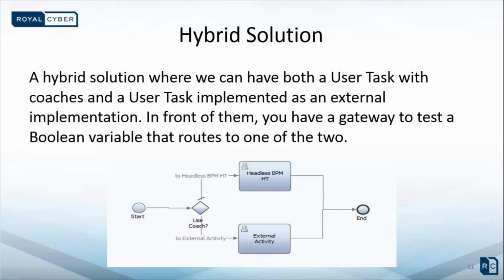When you want to go ahead with headless BPM, the coaches can be defined and controlled programmatically. Or if you want to go with an external activity approach, that is decided based on the APV variable value which we provide, which gets bound to your decision gateway. So you can choose either one of these aspects of implementation.